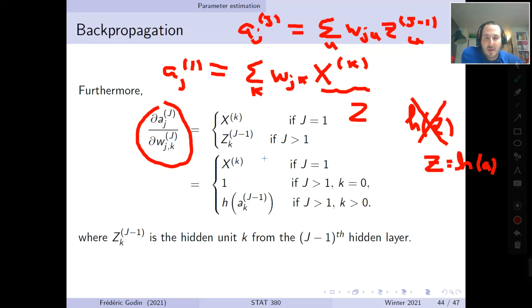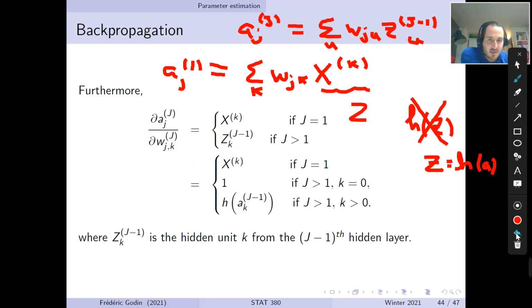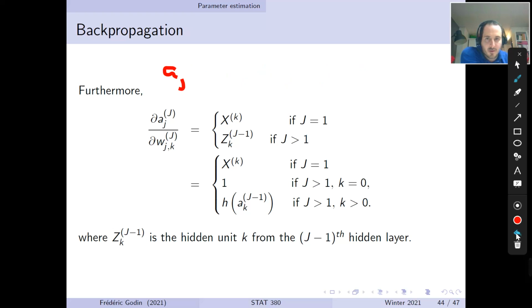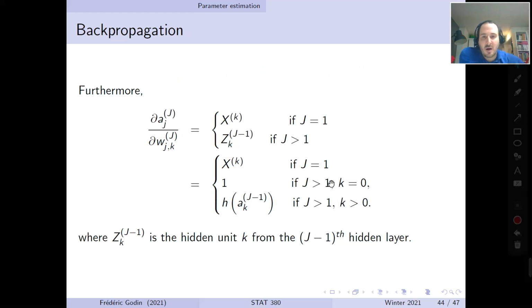Recall that this value, when k is equal to 0, the z0 was defined as the constant 1, and when k is greater than 0, the zk was defined as the transfer function applied on the activation of the previous layer.